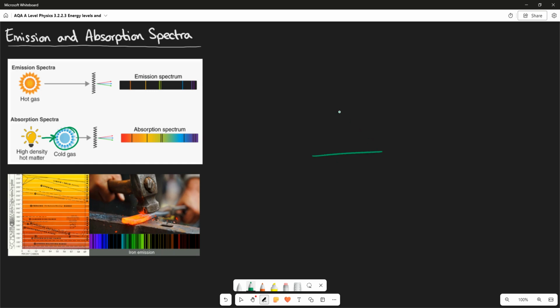So what's happening inside the cold gas is that the electrons are being excited to higher energy levels by that incoming light. They are absorbing those particular photons, so those photons with those particular energy levels are being absorbed by the electrons, and then eventually, when those electrons fall back down again, those photons are being given out in all directions.